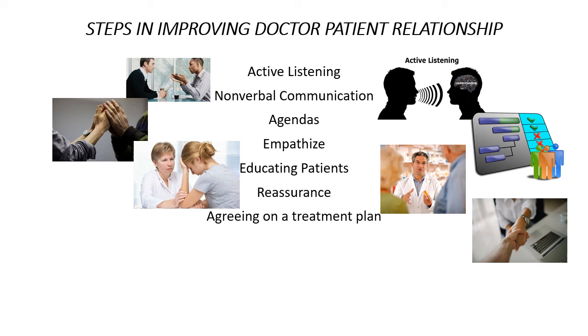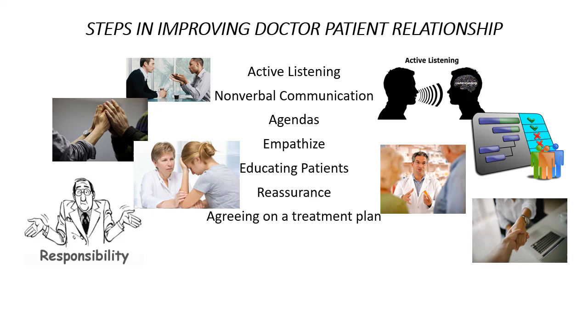Next aspect is agreeing on the treatment plan. By following all the above mentioned steps, it is easier to make the patient understand his problem and the treatment options available. Provide him with the benefits and limitations of every treatment plan. So the doctor and the patient can agree upon the most optimal treatment plan and then work towards achieving the same together.